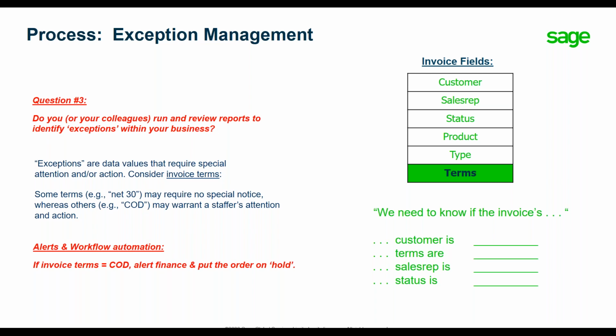Exception management. Perhaps you have your colleagues run and review reports to identify exceptions within your business. We all look at businesses that run consistently, and as long as we're keeping the same KPIs and things are going on, that's great. I don't want to know about what's running well. You as management want to know what's going wrong, and that's where we want the software to call it out.